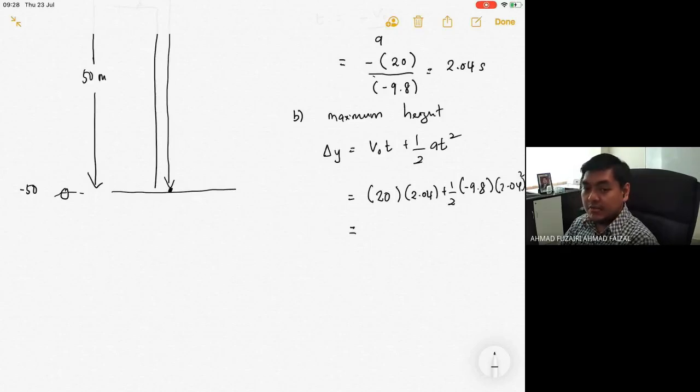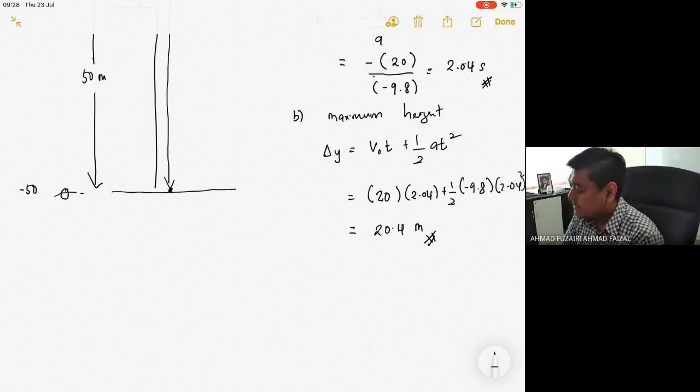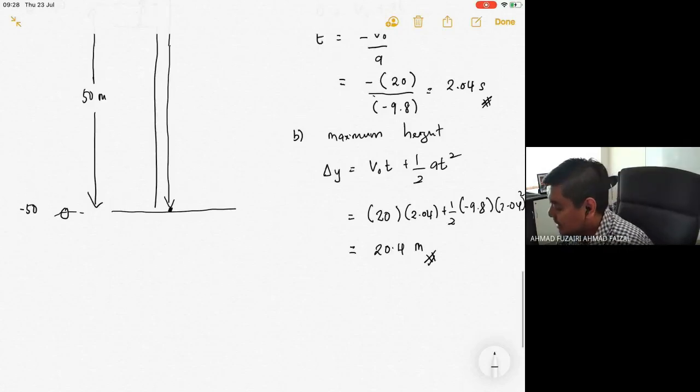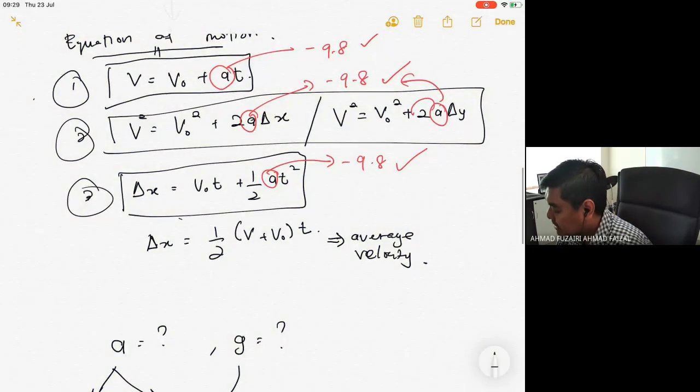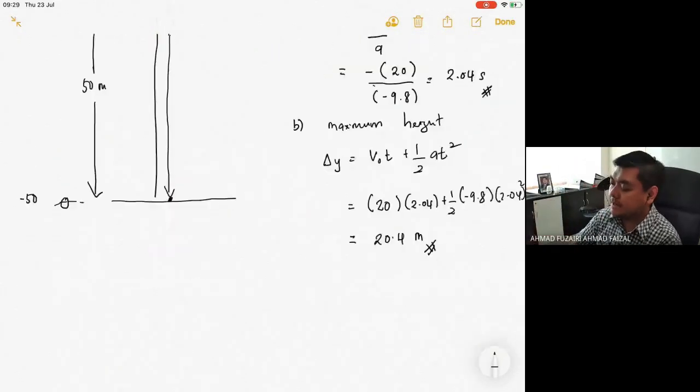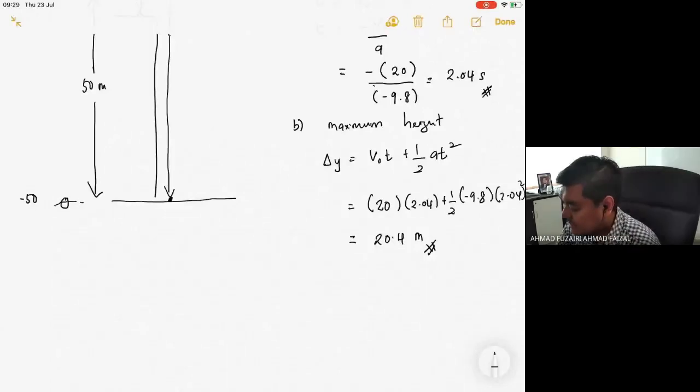So the answer is equivalent to 20.4 meters. Okay, that's how they got the maximum height. Again, saya boleh pakai equation ni. Okay. So mana-mana equations, as long as jawapan ni masih relevan, betul, kita akan gunakan.